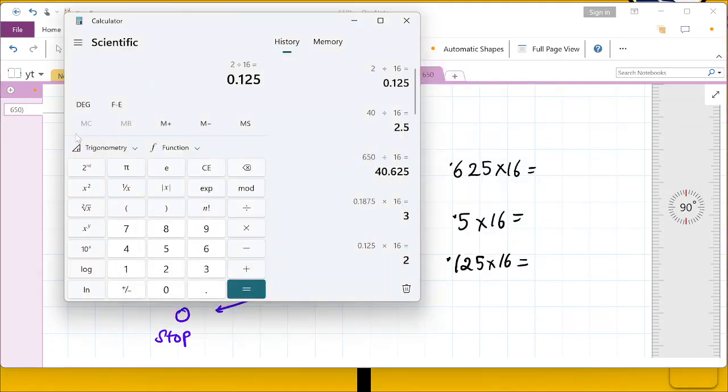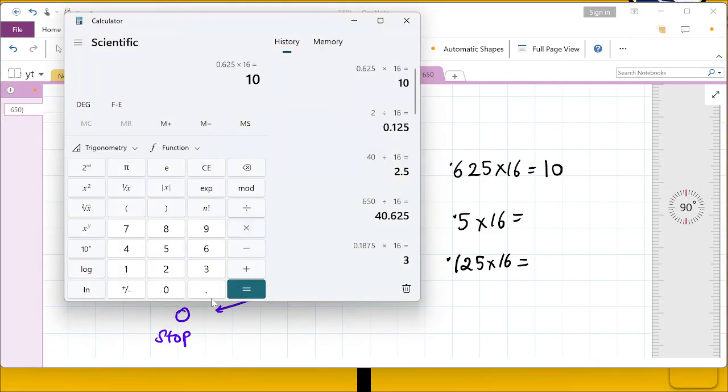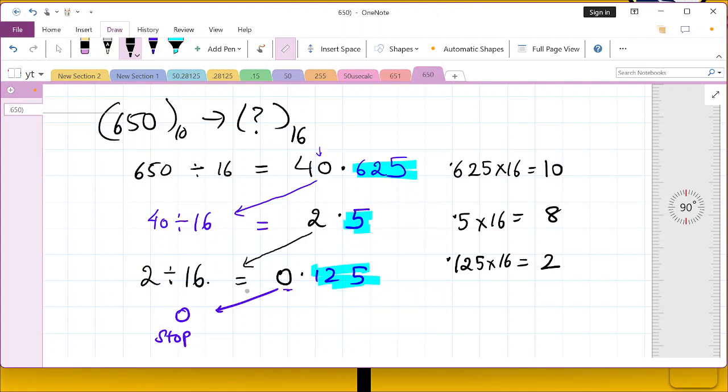So 0.625 into 16, and that is the answer you get: 10. 0.5 into 16, and you get the answer 8. 0.125 multiplied by 16 will give you the answer 2, right?